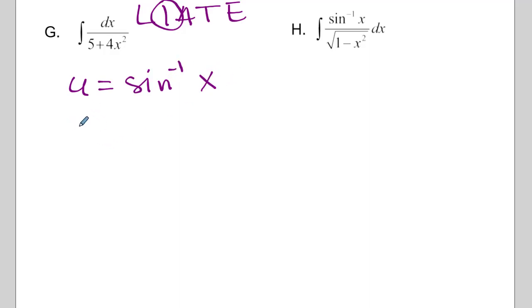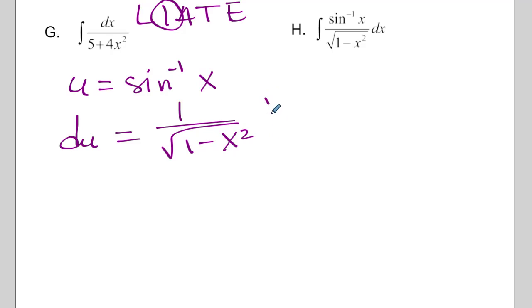All right, then we just saw the derivative of that is 1 over the square root of 1 minus x squared dx. And that's exactly what we have. So if we rewrite this in terms of u, we've got the integral of u du.